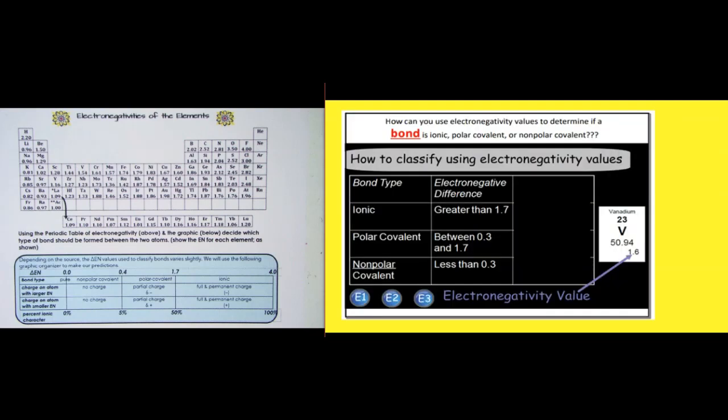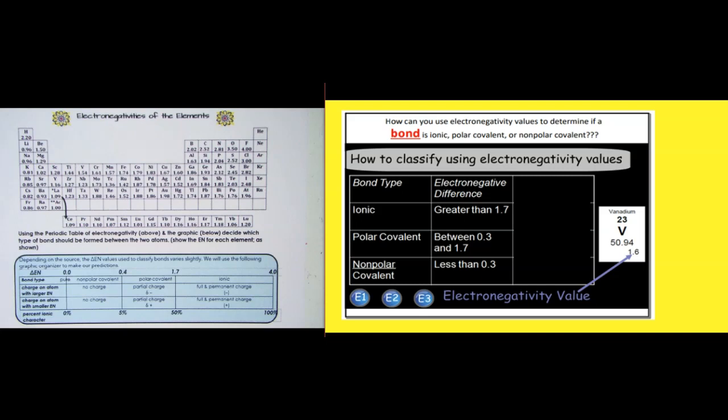So how are we using electronegativity? Again, this should be review. We've done multiple worksheets with this. The idea is that we look at the difference in electronegativity between two elements. For example, fluorine is a 4.0 and oxygen is a 3.5.